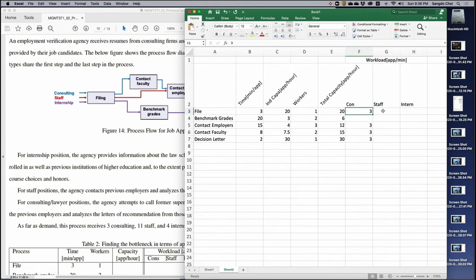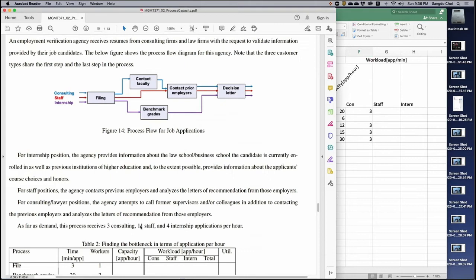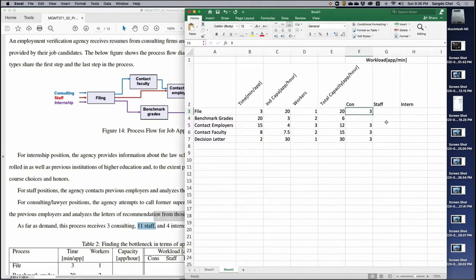For the step application, they go through filing with 11 applications per hour, then contact employee, and finally decisions. How about internship? They have 4 applications every hour, they go through benchmarking here, and then finally decision letters.